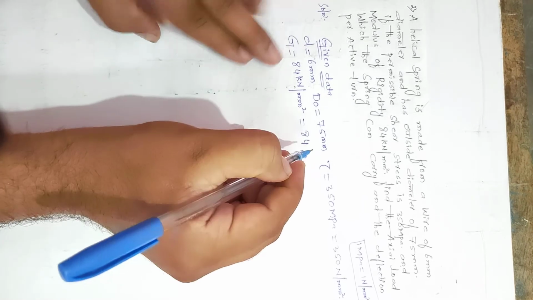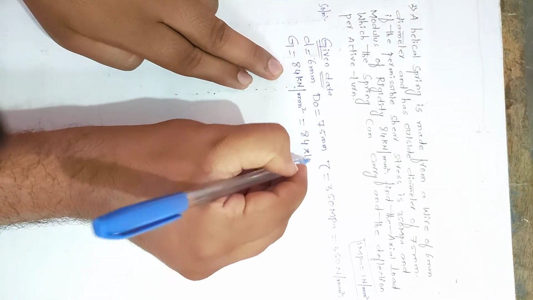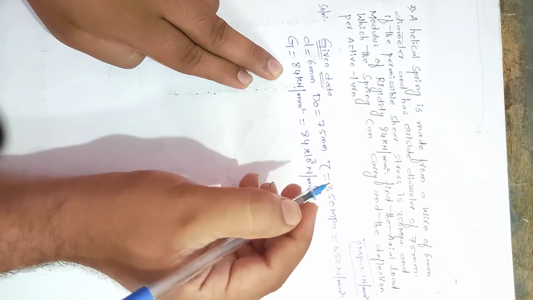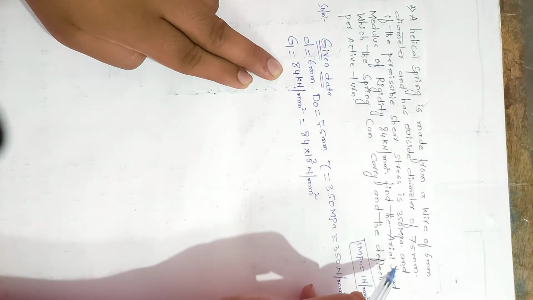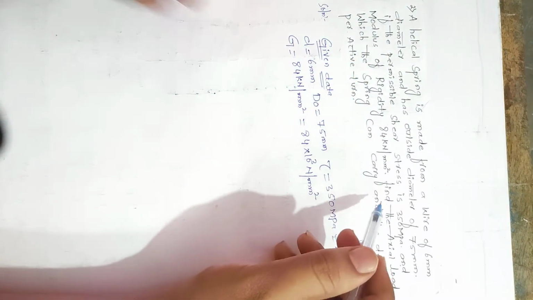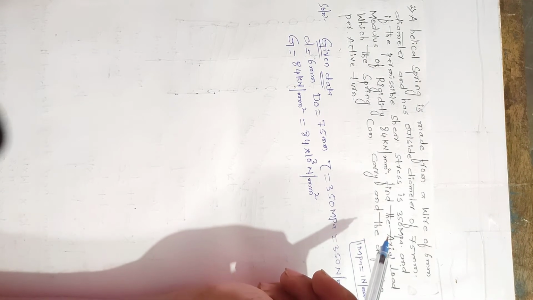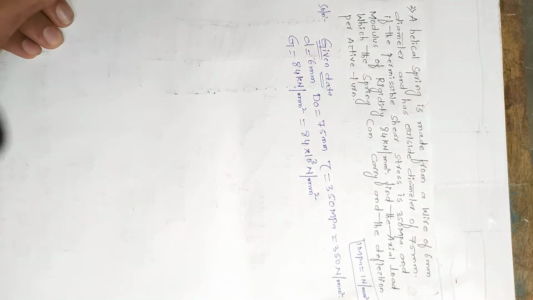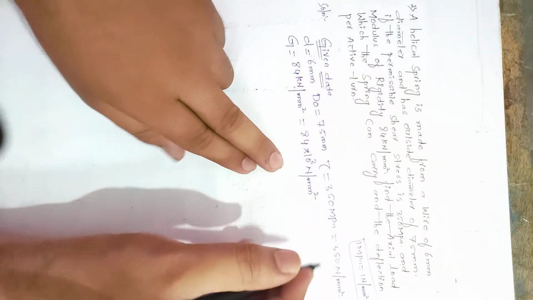We need to convert 84 as it is: kilo means 10 power of 3 Newton per square mm. So we need to find the axial load which the spring can carry and the deflection per active turn in this problem. I will draw the figure, then you can easily understand.